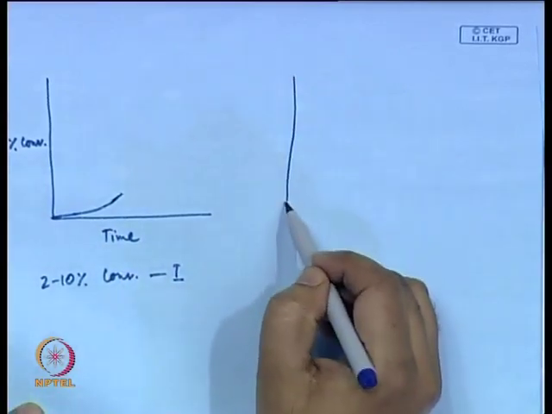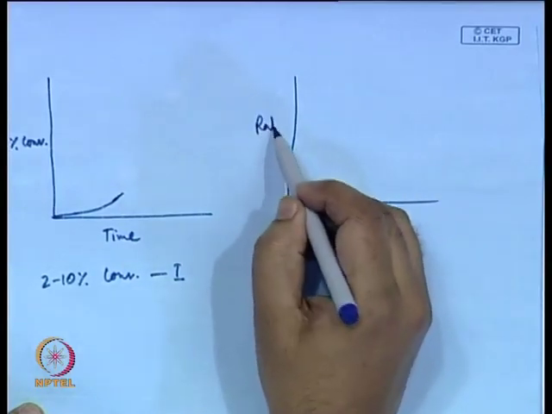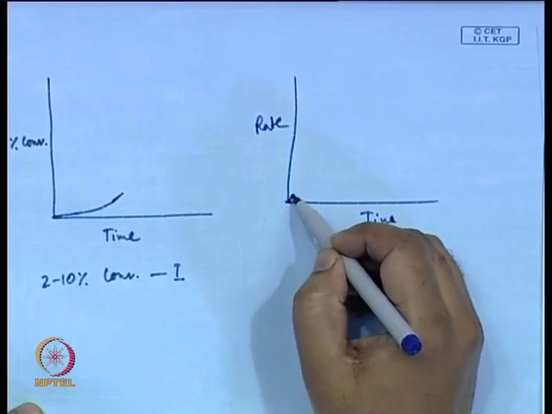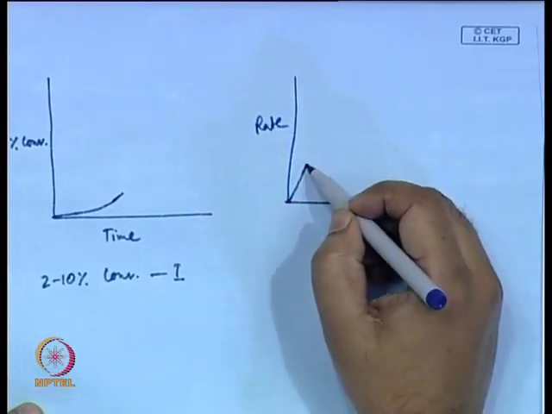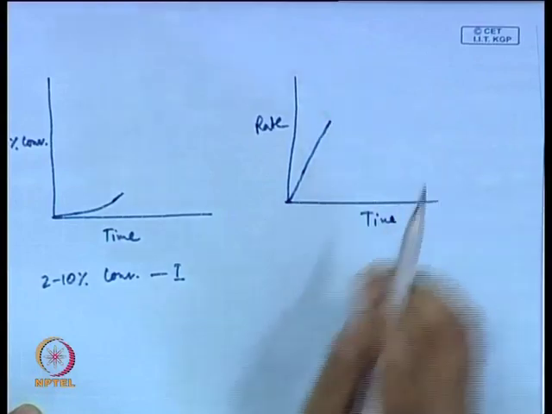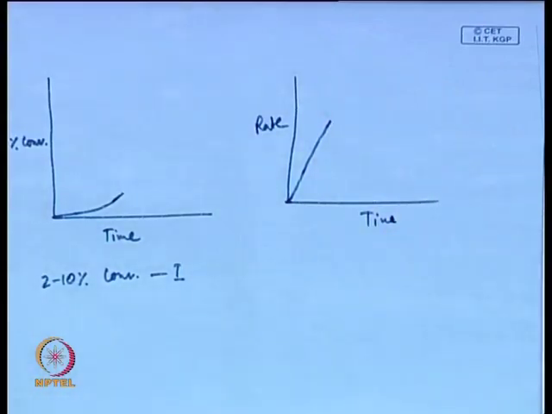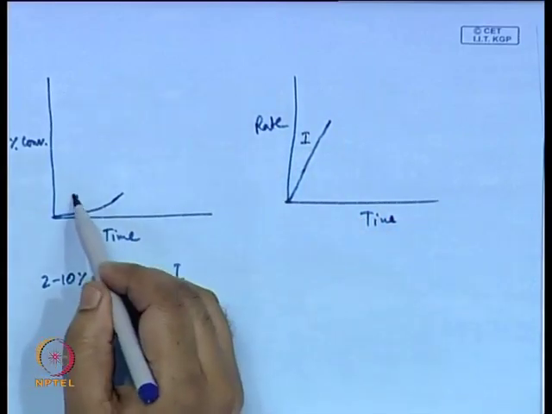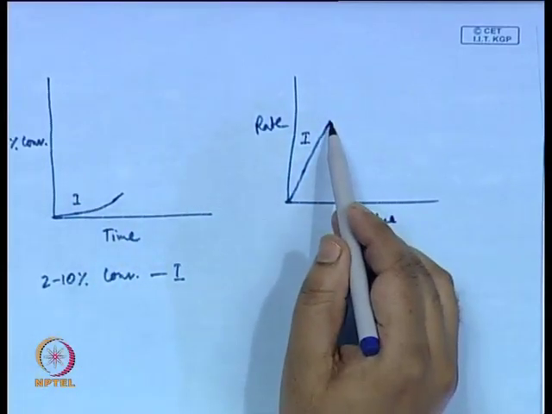If you plot the rate of polymerization with time, as more and more active micelles take part in the polymerization, the rate goes up. At the end of this stage 1, the surfactants are consumed.